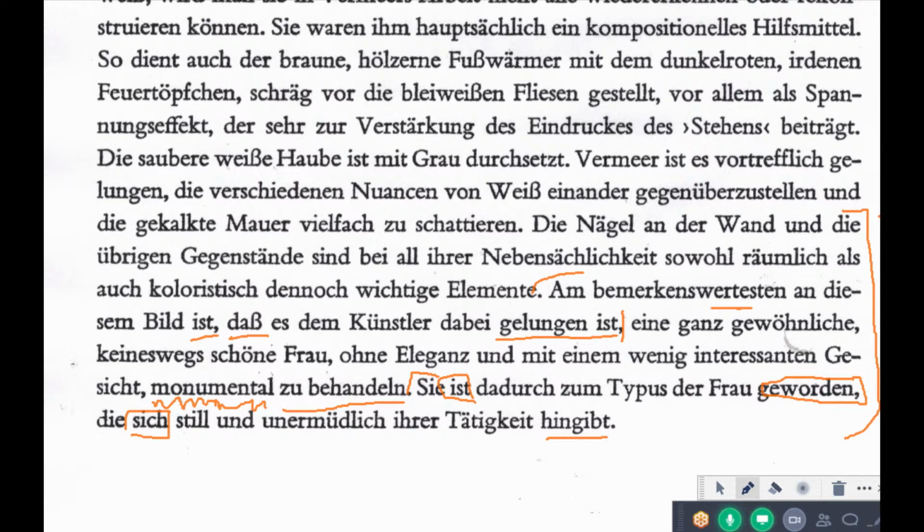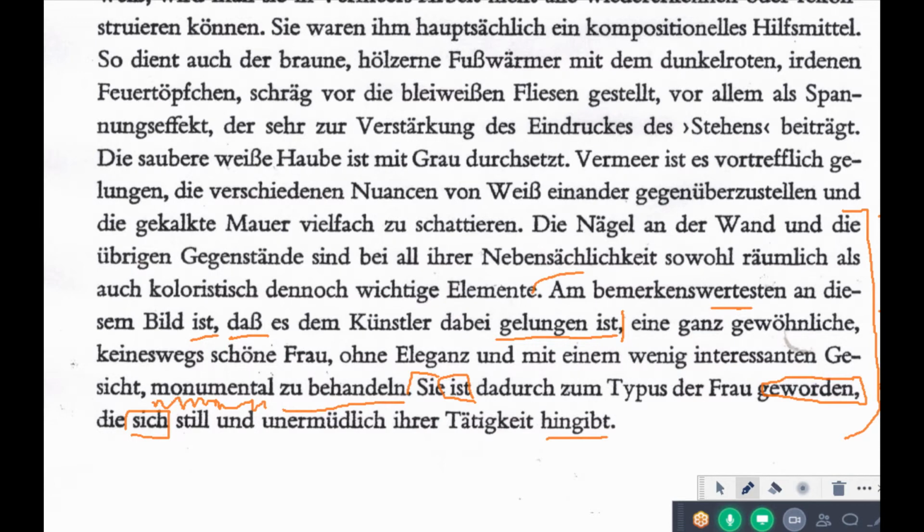Most noteworthy in this picture is that the artist has succeeded in treating in a monumental way a rather normal, not at all beautiful woman, one without elegance and with a slightly interesting face. She has thereby become a type of woman who quietly and untiringly devotes herself to her chores.